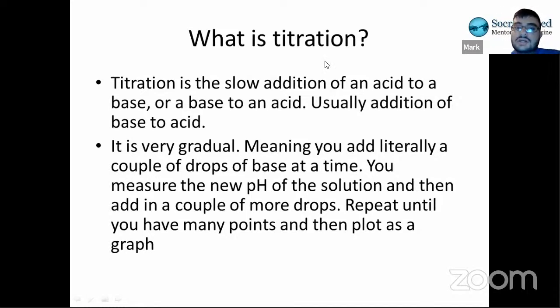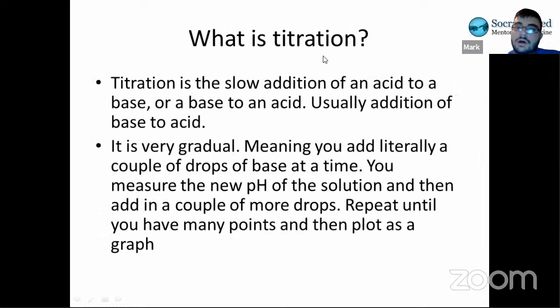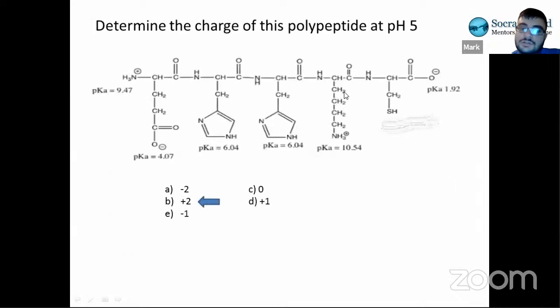What is titration? Next we want to move on to titration. Before I move on, I want to answer all questions, just because we're moving on to a new section.